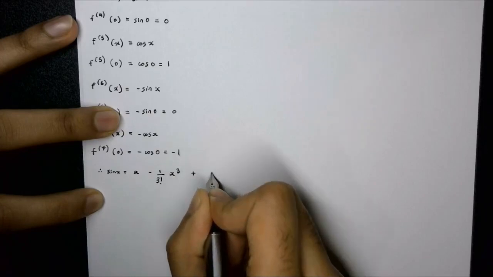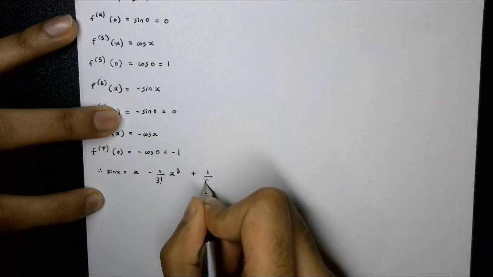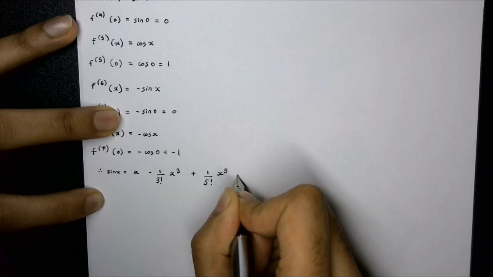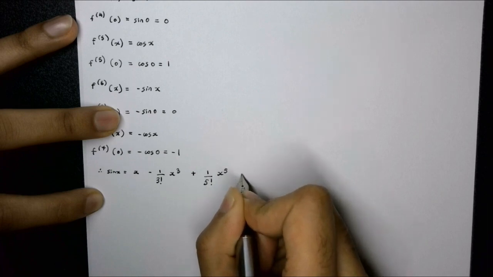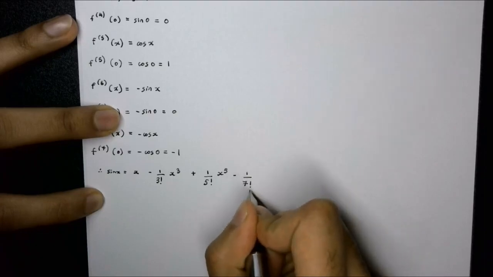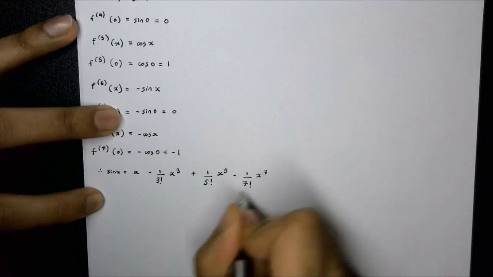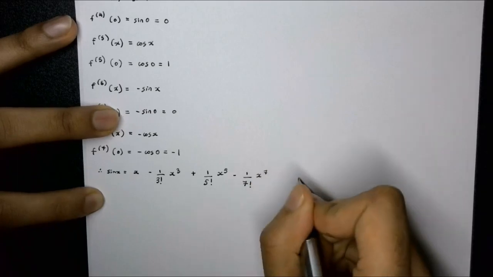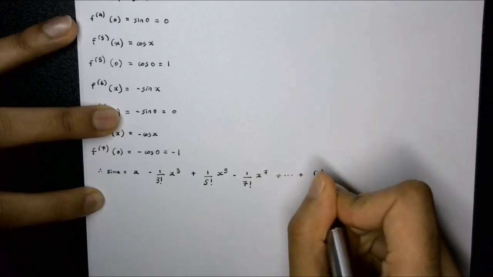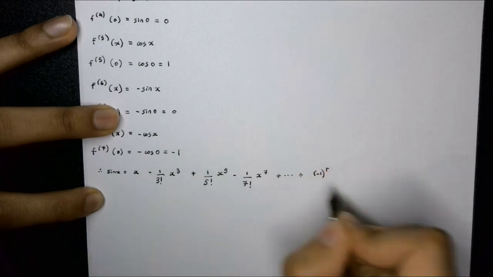And then we've got plus 1 over 5 factorial times x to the 5. And then we've got minus 1 over 7 factorial times x to the 7. And if we continue this, you can see we'll have minus 1 to the power of r.